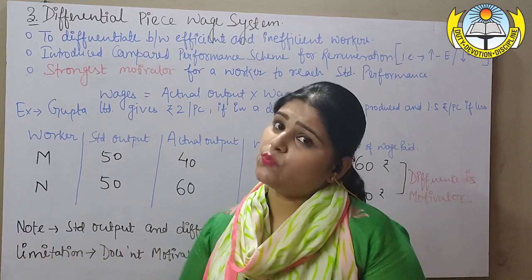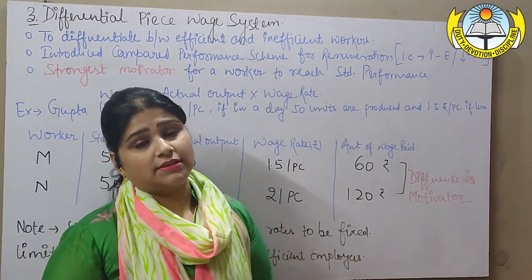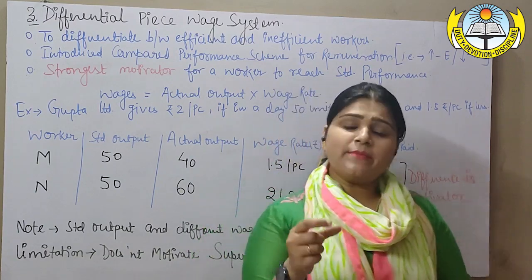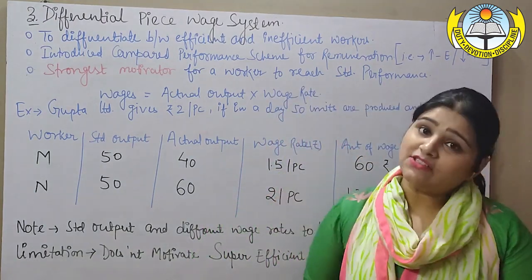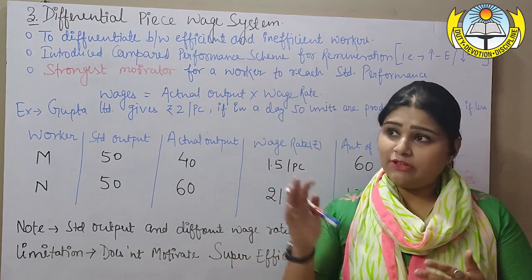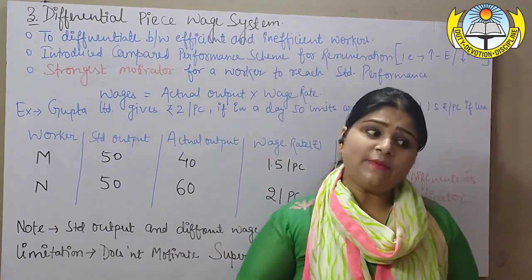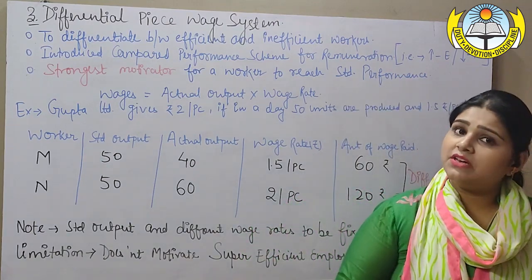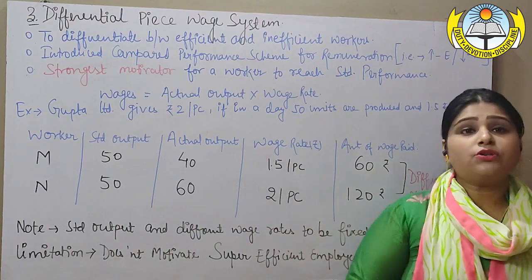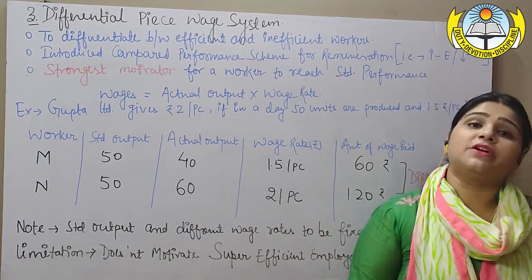I would like to discuss one major limitation of this technique. Although it is beyond the scope of the syllabus, here I would go the extra mile to enhance your knowledge. Taylorism, after this approach, has suffered severe criticism. The criticism was that Taylor did not talk about the super efficient employees.